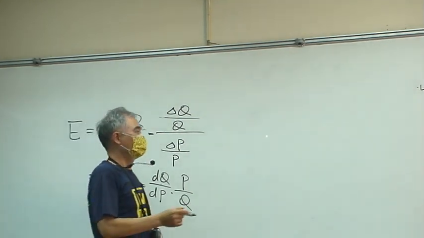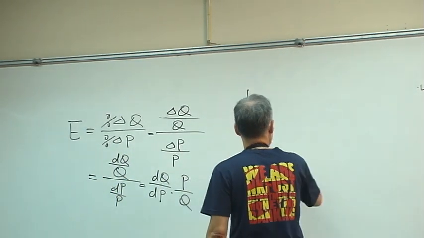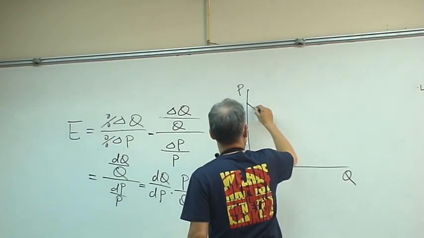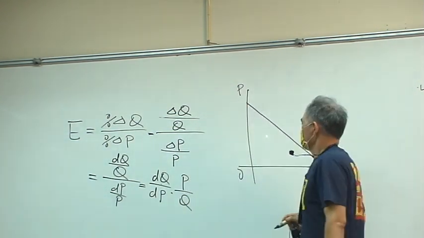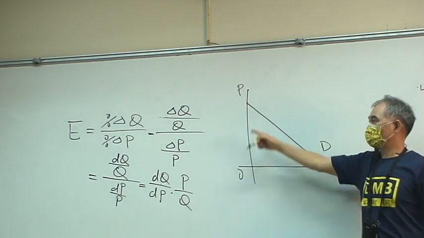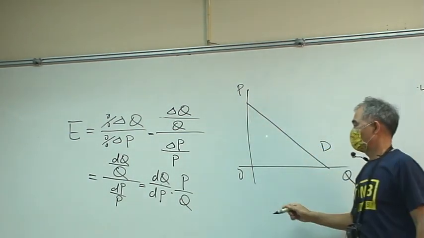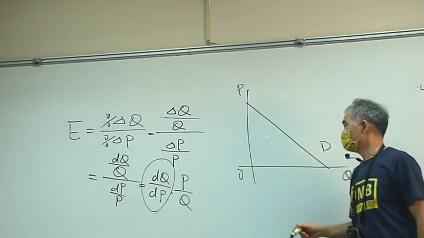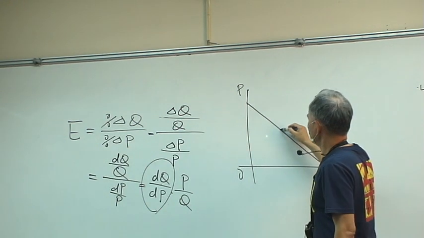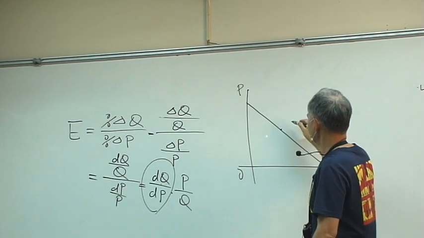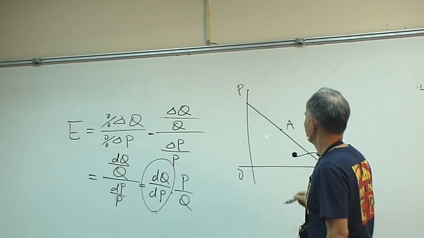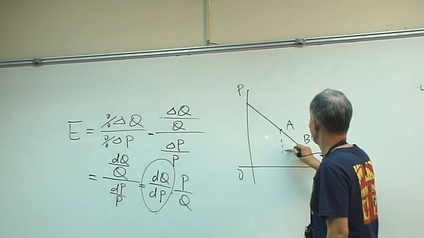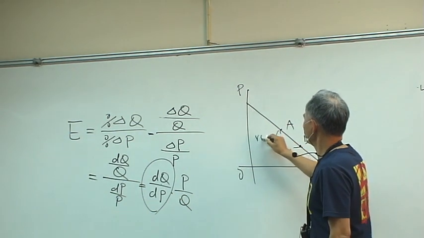Okay, let's look at what a demand curve is. Demand curve looks like this. Here is price, here is quantity. First, we want to talk about this part. We take any given point, say this is point A, and then here you have point B. Here is called rise.